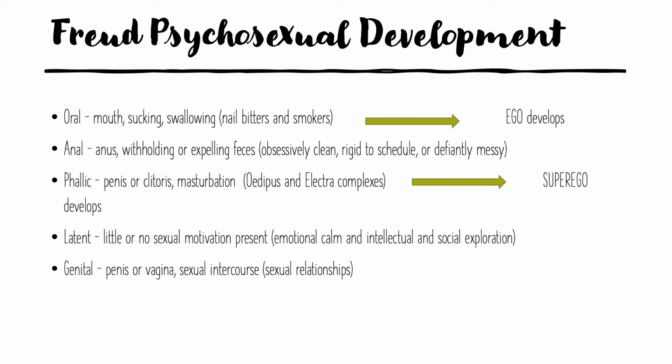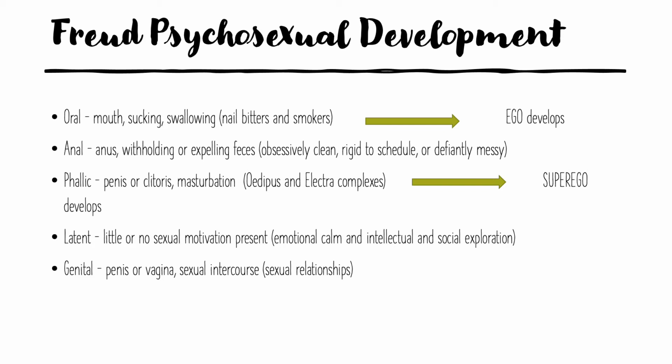The internal battle can cause conflicts, and you will hear a lot about some of those conflicts as the semester goes along. The stages of psychosexual development are oral, which is centered around the mouth. It involves sucking, swallowing, and people that don't successfully get through this stage might be nail biters and smokers.